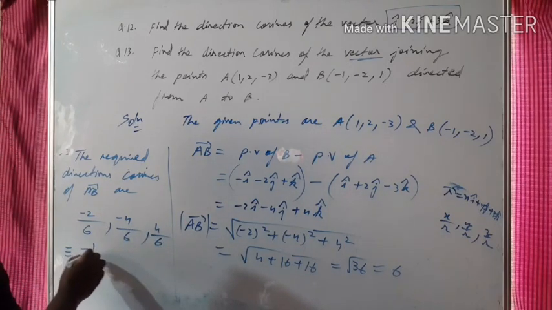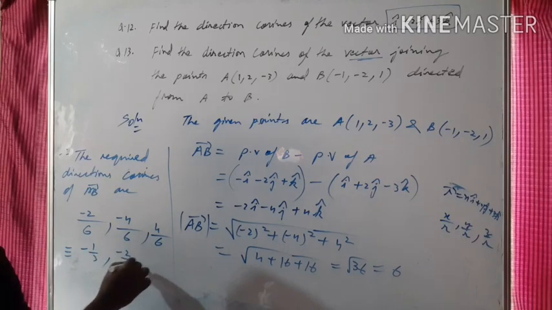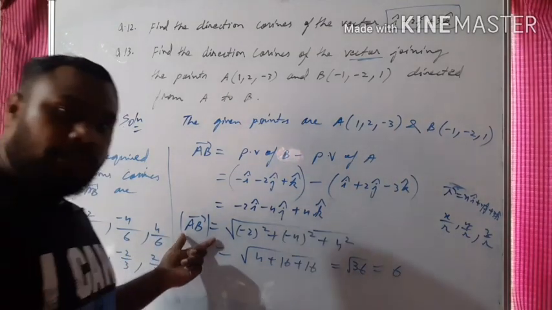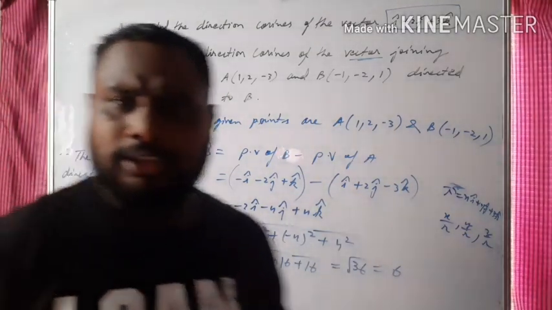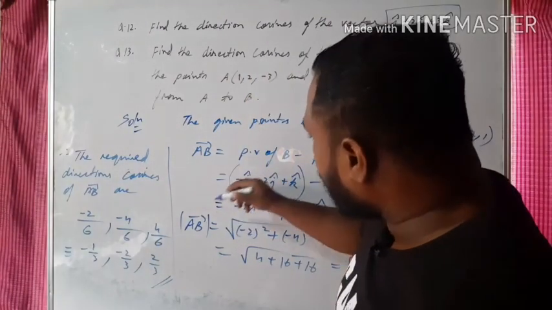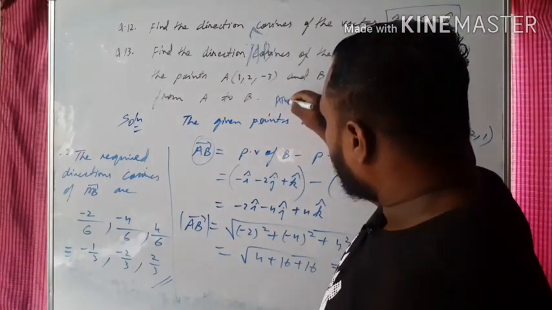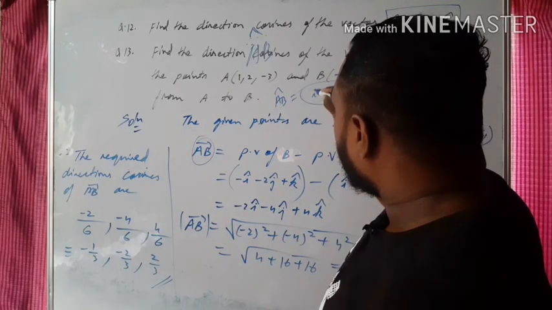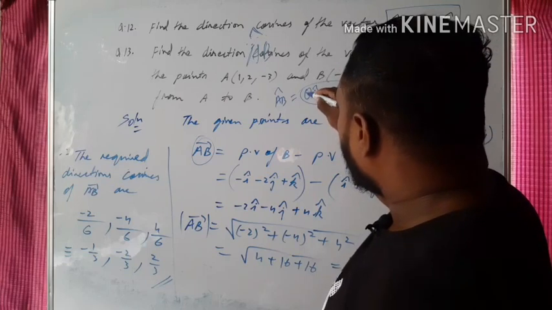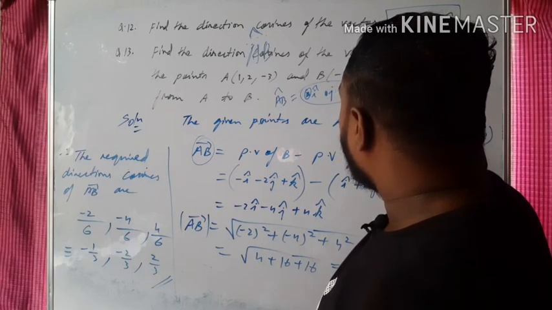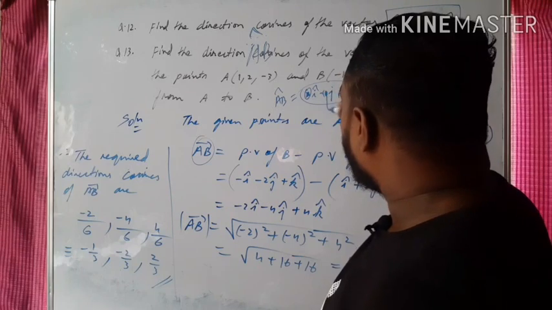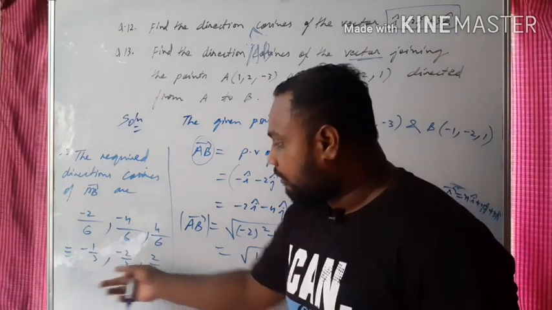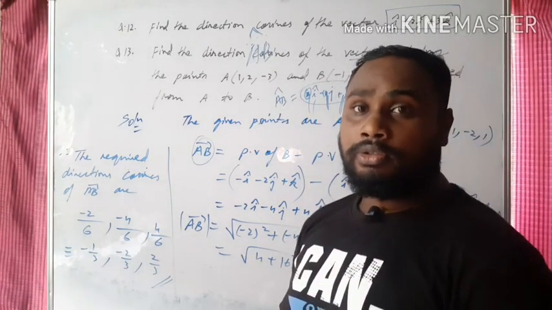So it will be -1/3, -2/3 and 2/3. So this is the direction cosines of the vector AB. I mean to say that if you directly find the unit vector of AB, then the i, j and k components of whatever vector you get will give you the direction cosines. In that way also you can do it.